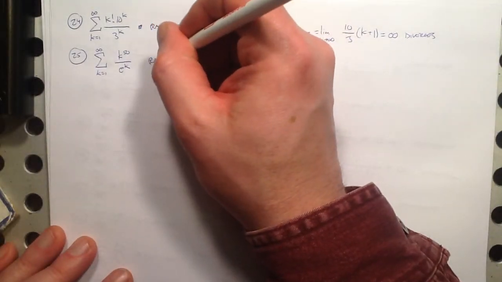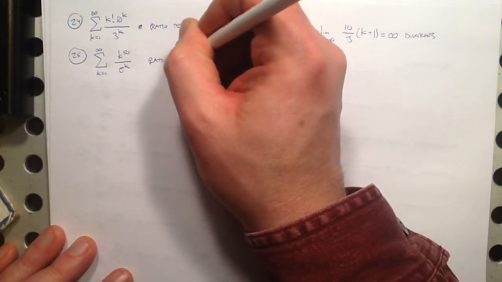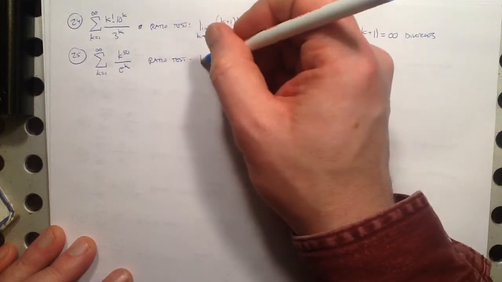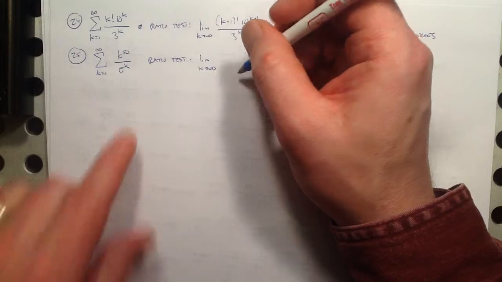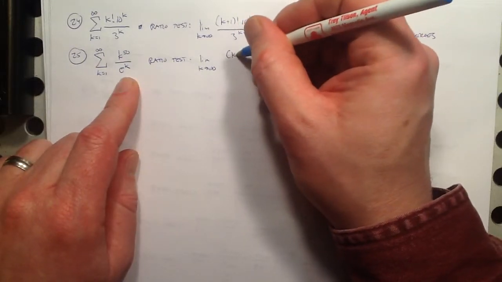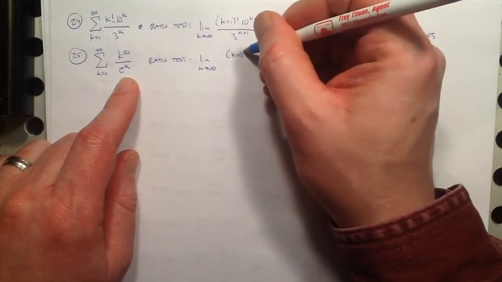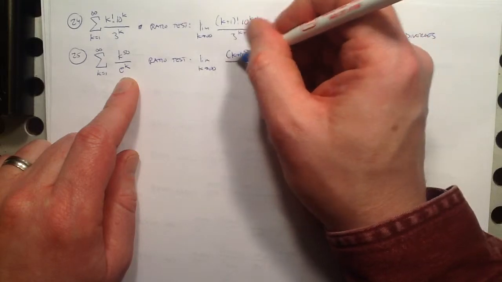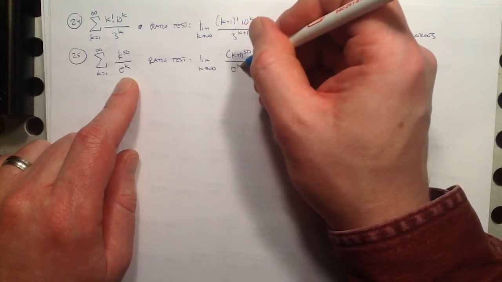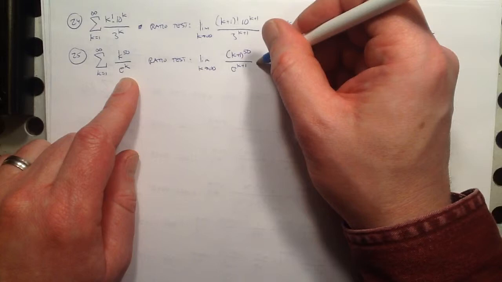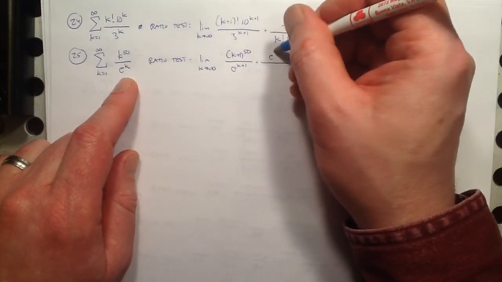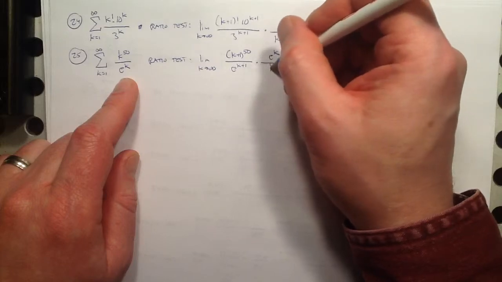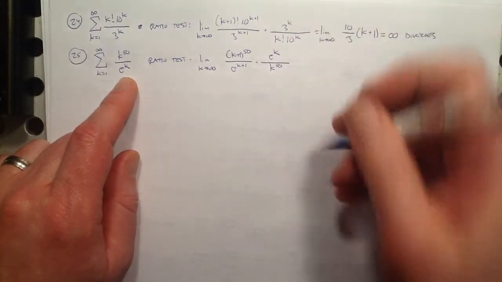So, the ratio test, looking for the limit as k approaches infinity of the k plus 1 term, that's k plus 1 to the 50th over e to the k plus 1, divided by, which is the same as multiplying by the reciprocal, the k term.